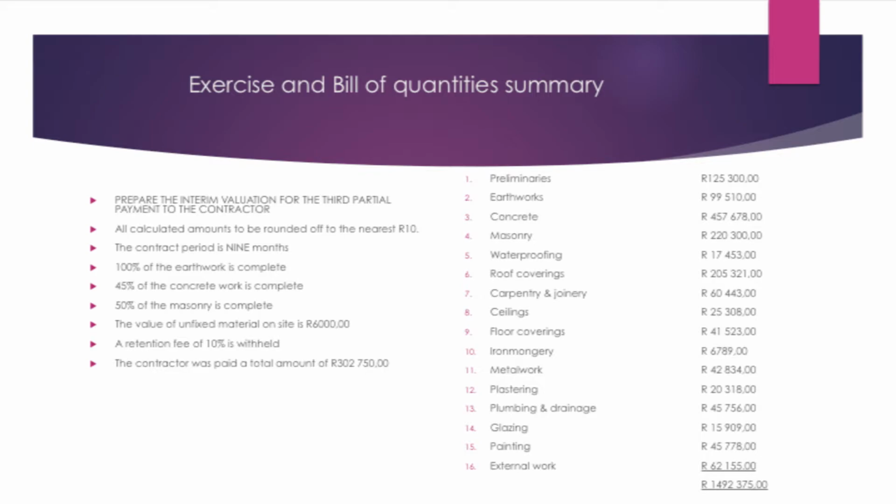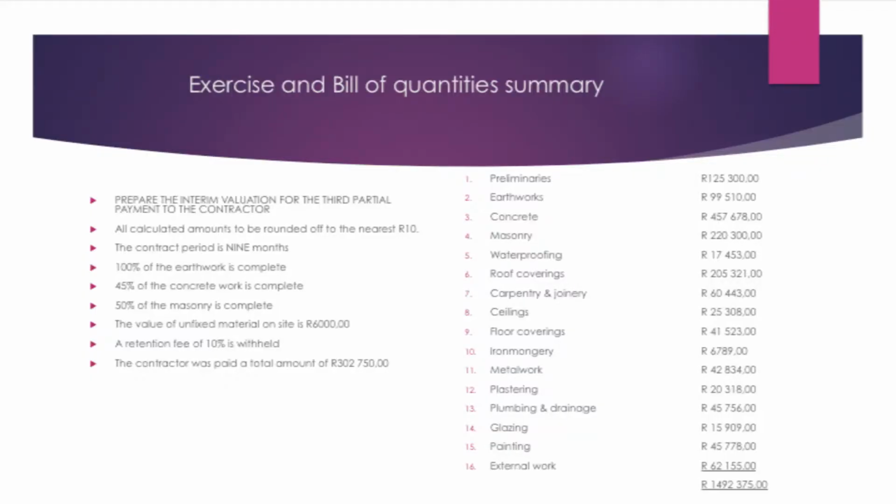And the contract period is 9 months. The project has been issued. The main contractor has the tender. The contract period is for 9 months. Let's look at the work that has been done. 100% of the earthwork is completed, and 45% of the concrete work is complete. 50% of the masonry is complete.